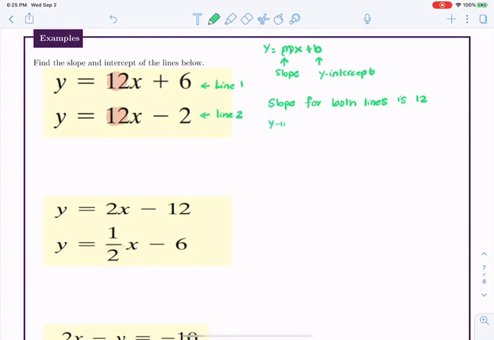The y-intercept for line 1 is 6. For line 2, it is -2. So the two lines have the same slope, different y-intercepts.